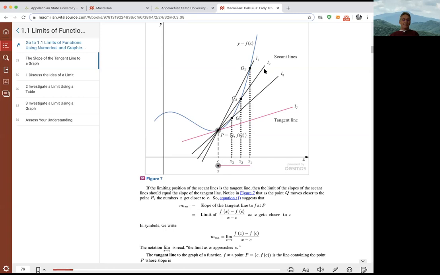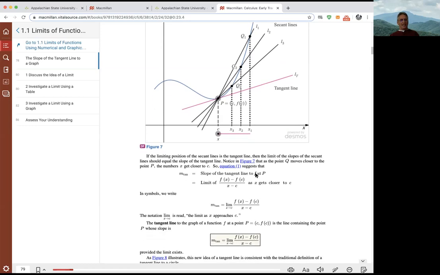But if we can tell that the slope, as x is getting closer and closer to c, the limit as x approaches c of that relationship here, is getting closer and closer to the slope of this line.